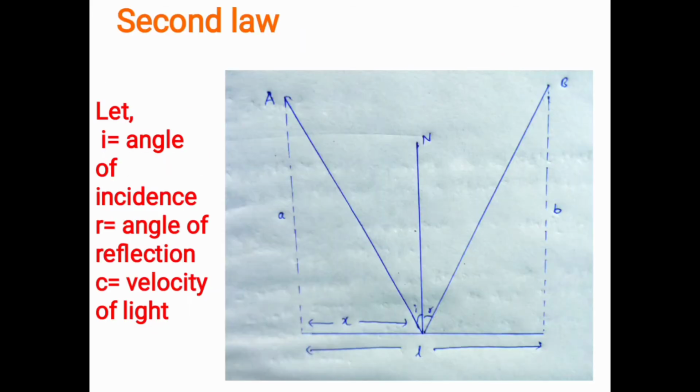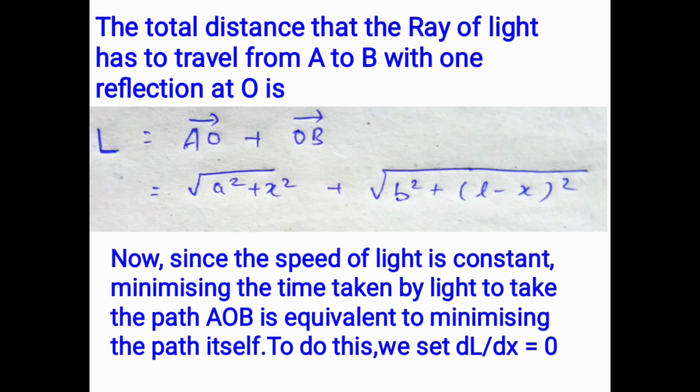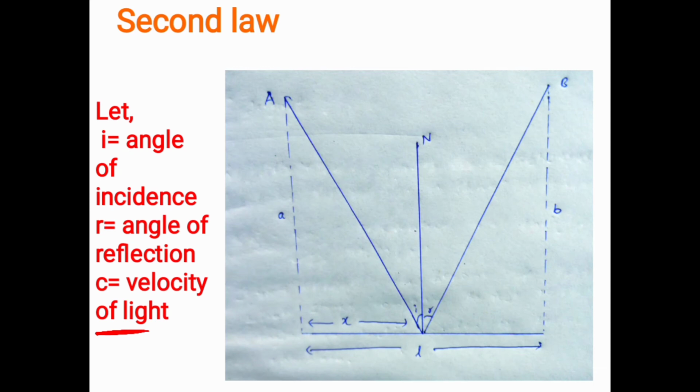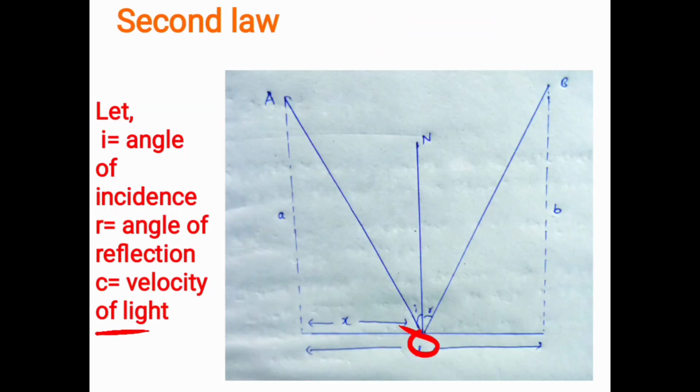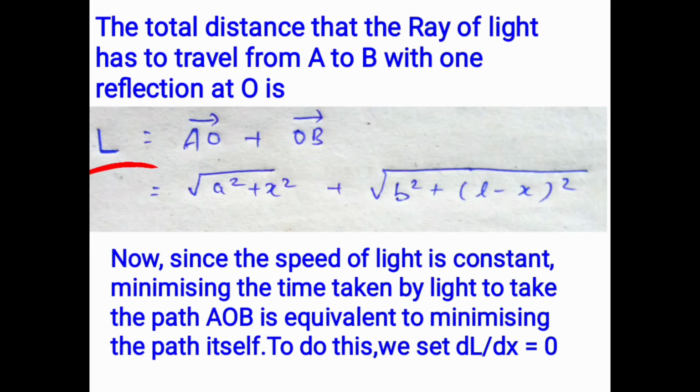Now comes the second law. I is the angle of incidence, R is the angle of reflection, and C is the velocity of light. The total distance the ray of light has to travel from A to B with one reflection at O is, let us consider, L. L is equal to AO plus OB, which is equal to under root a square plus x square, and OB is equal to under root b square plus (l minus x) whole square.